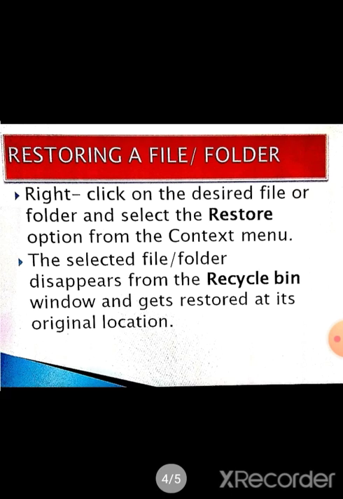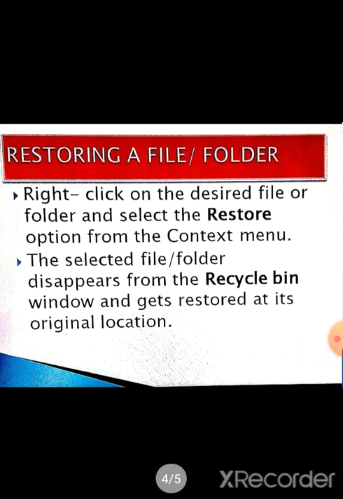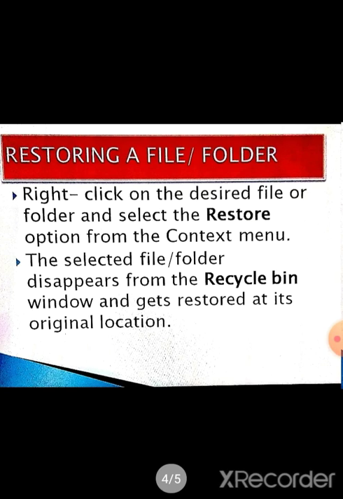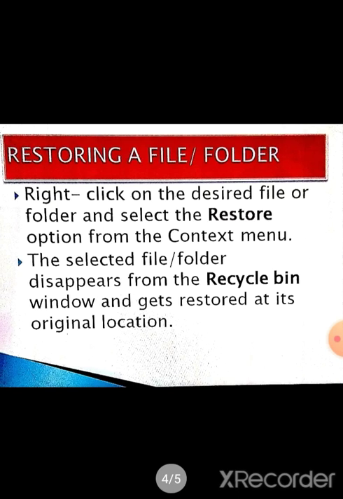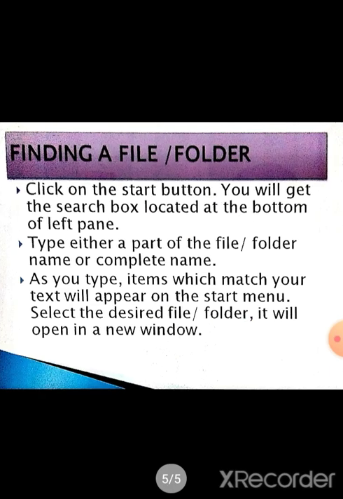From that option, select the restore option. When you select the restore option, the selected file or folder disappears from the recycle bin and gets restored at its original location. So in that manner you can restore your file or folder.